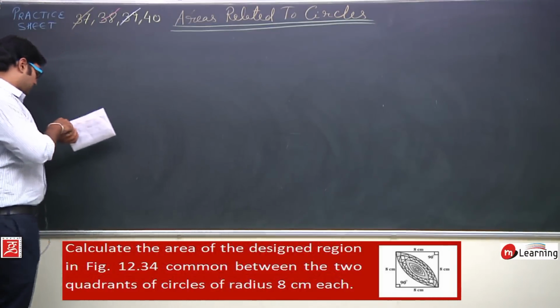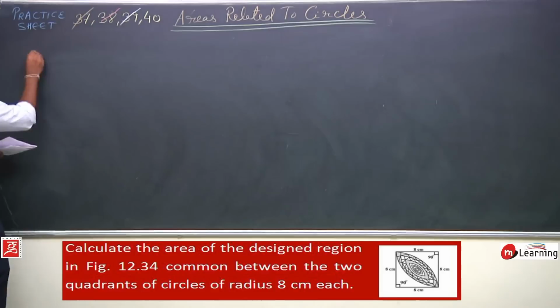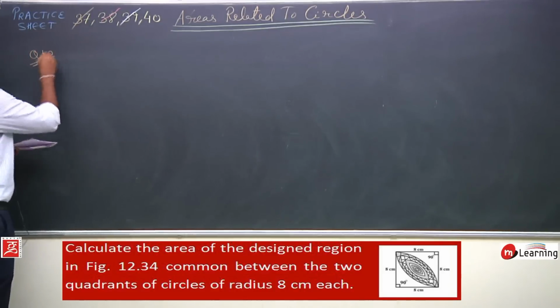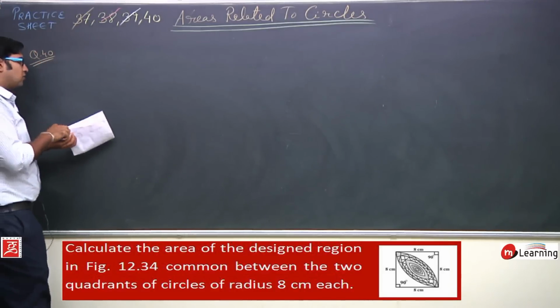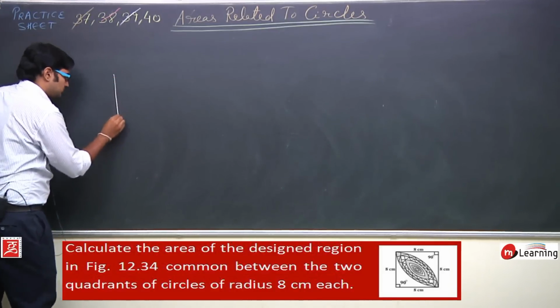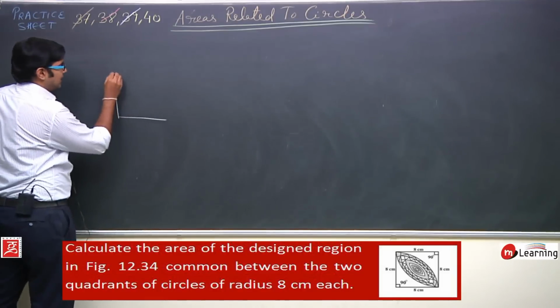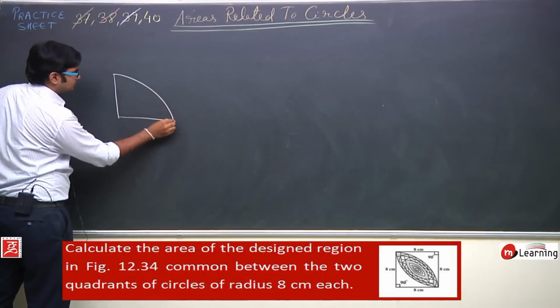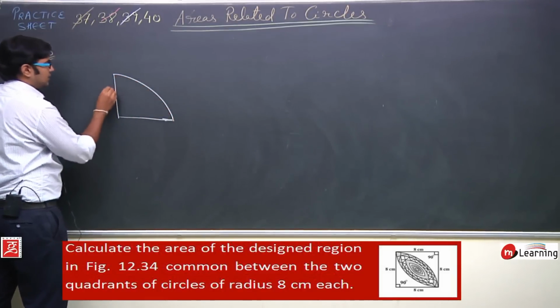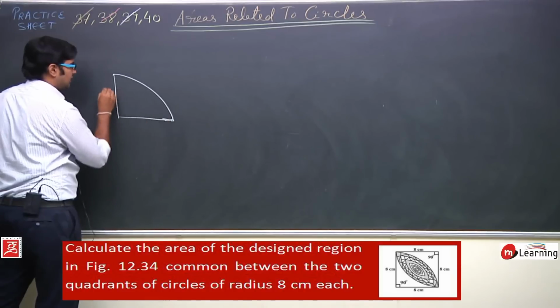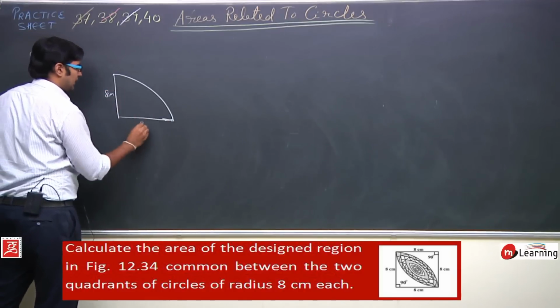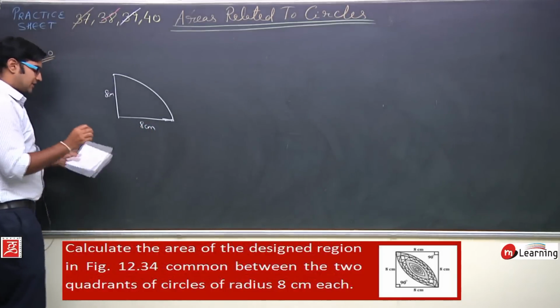So what question number 40 says is, first I have this kind of quadrant, and the radius of this quadrant is 8 centimeters, and also this is 8 centimeters.